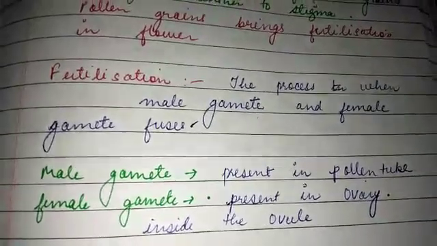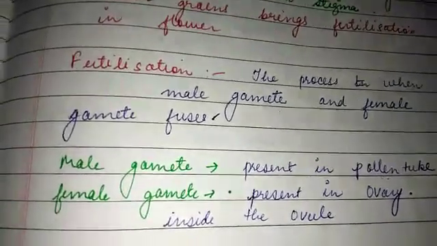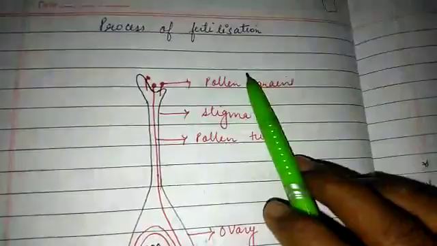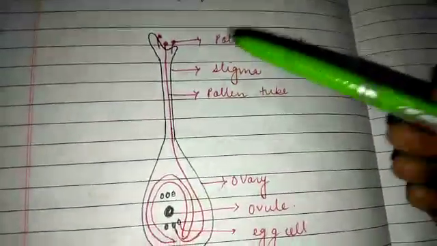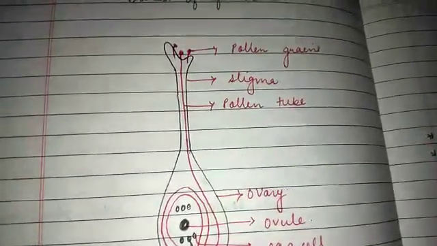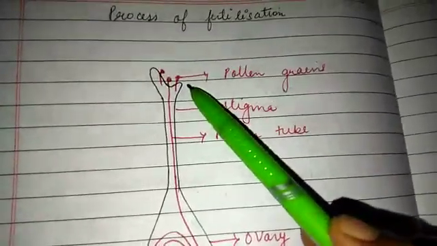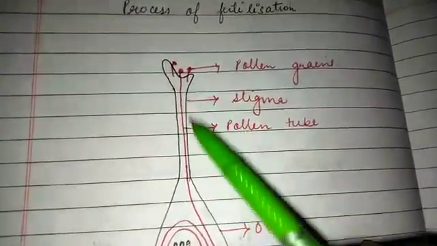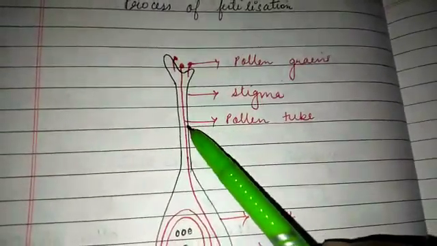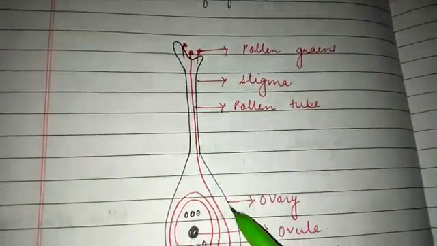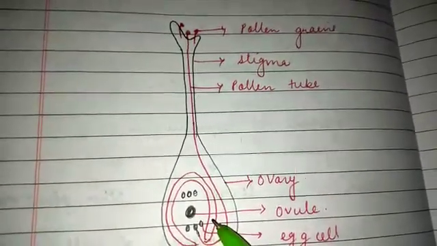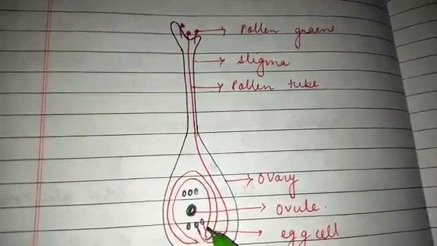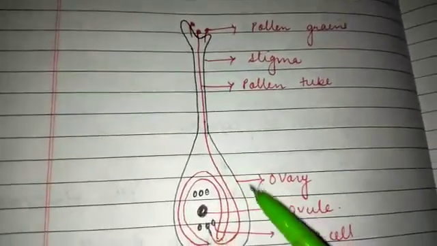Okay, now we'll see through the diagram. So here you can see the stigma. These are the pollen grains. This is the pollen tube through which the pollen grains transfer and get inside the ovary. The swollen part is the ovary.